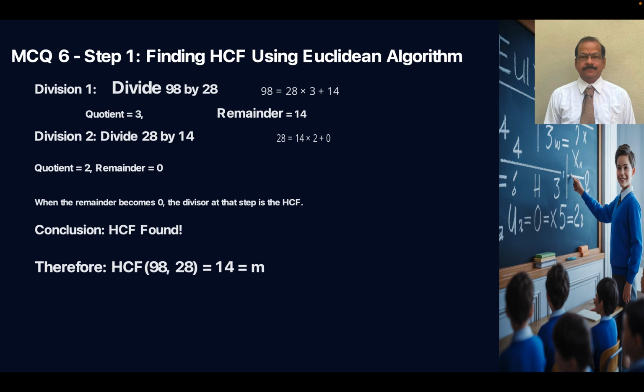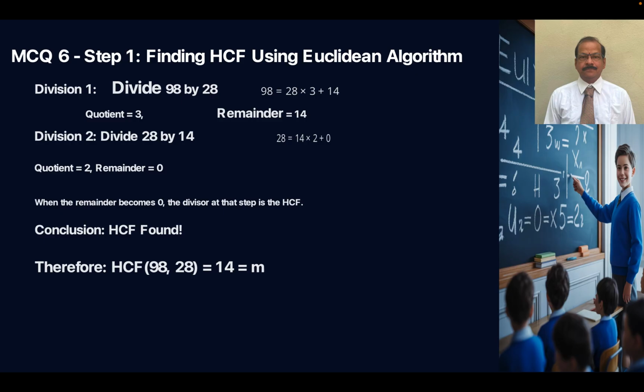So once you get 0, our division exercise will stop. A remainder 0 will end the process. At that point, whatever is the last divisor you have seen will become our required HCF.